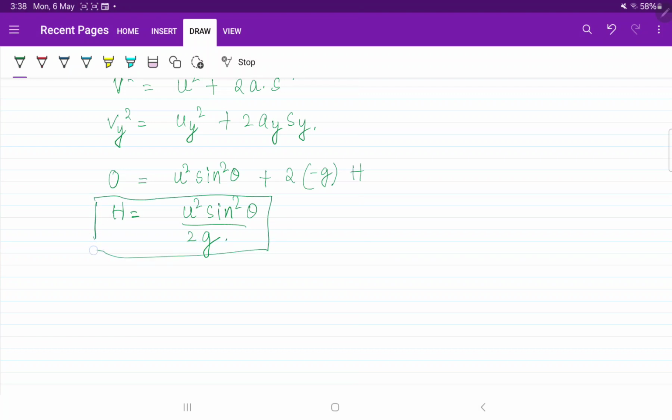Here also you can see that the height depends upon the initial velocity and the angle of projection.